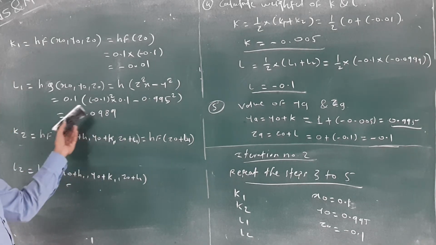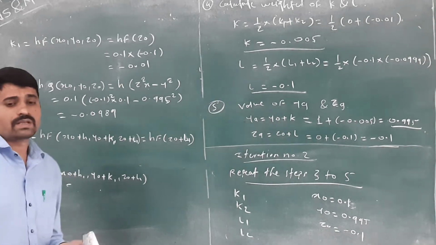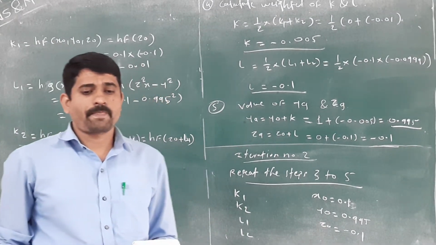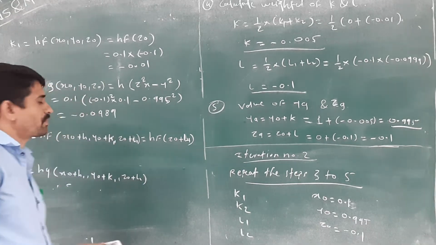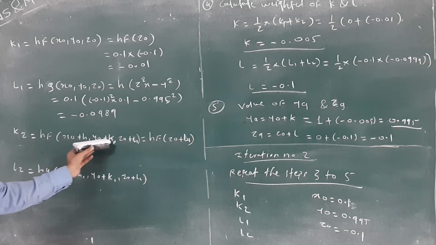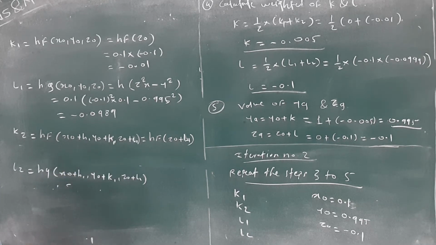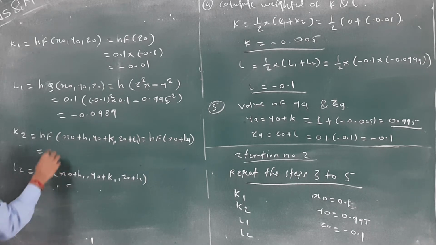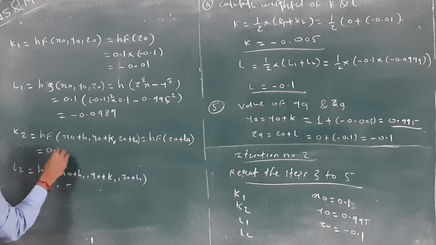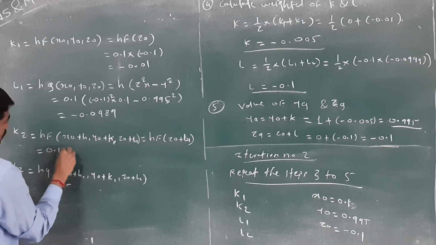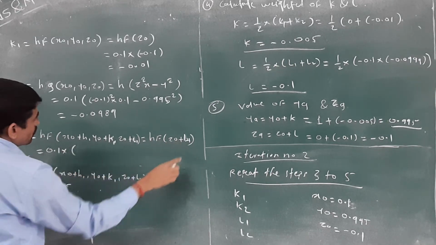If you have calculated with the help of a calculator, then you will get the minus 0.0989. Okay, similar way you have to calculate that value x0 plus y0 plus k1, z0 plus L1. Okay, then you will get the k2 is equal to, I will write directly, 0.1 into z0 plus L1.